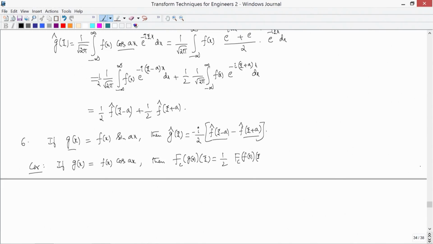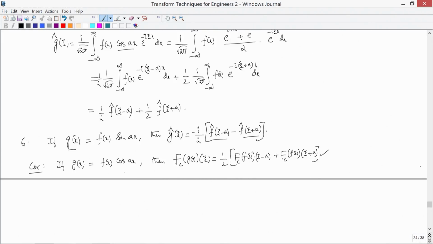So, you have xi minus a plus the Fourier cosine transform of f(x), which is a function of xi plus a. So, this is what you get, you can verify.